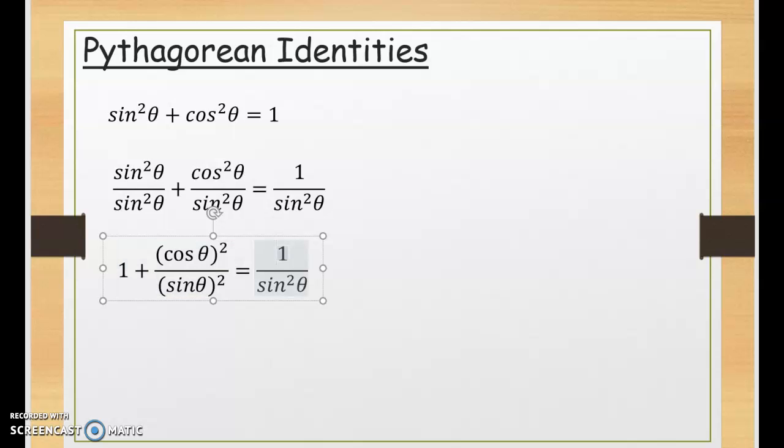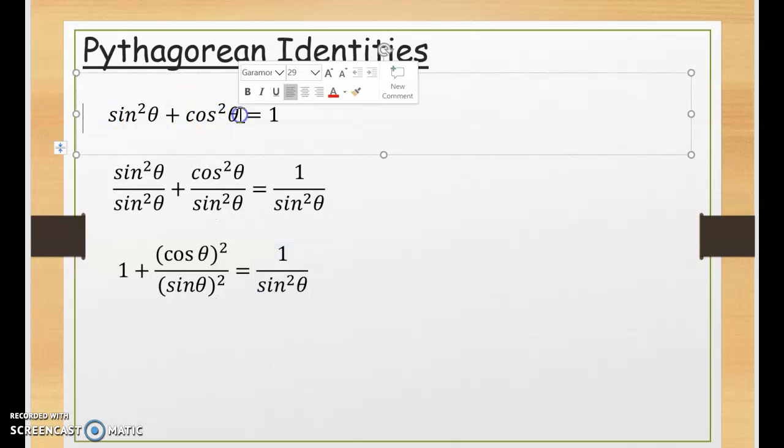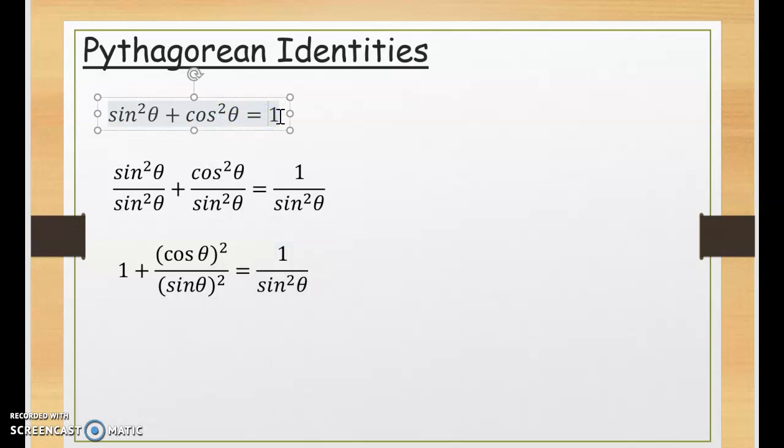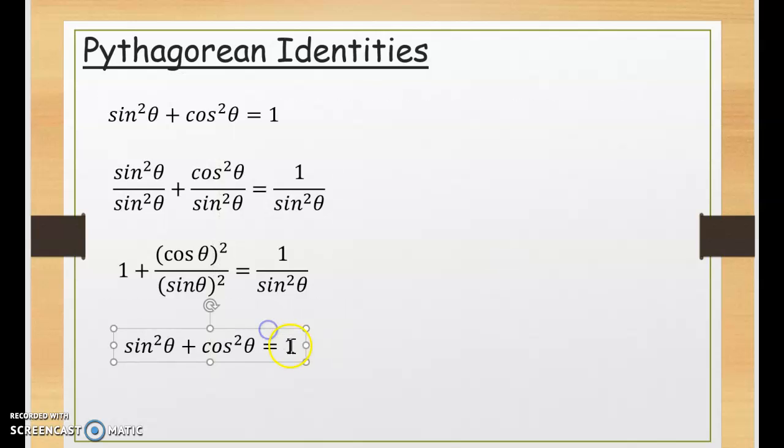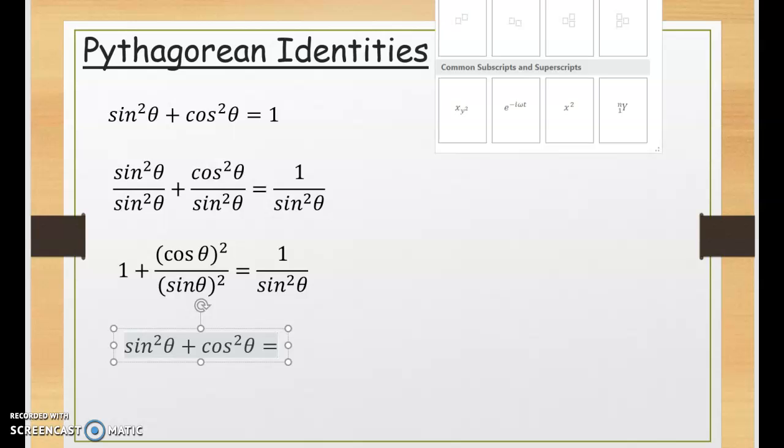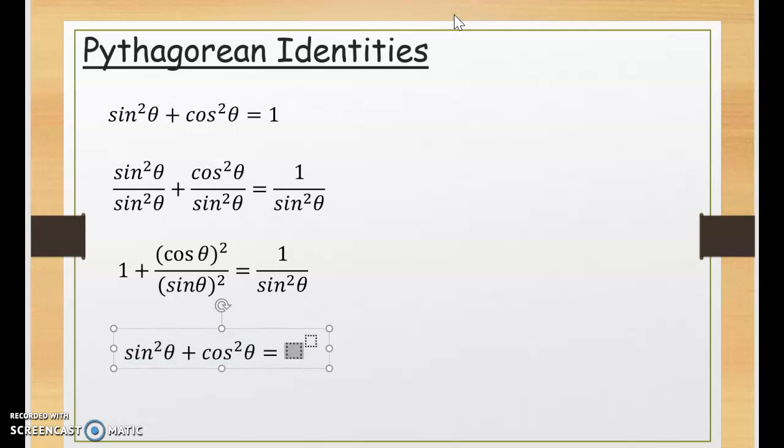Now, over this side, when you have 1 over sine squared theta, well, guys, what is 1 over sine theta equal to? Well, that's the reciprocal of sine, which we know to be, you guessed it, cosecant theta. So on this side of the equation, what I should see is cosecant squared theta, which is from 1 over sine squared theta.